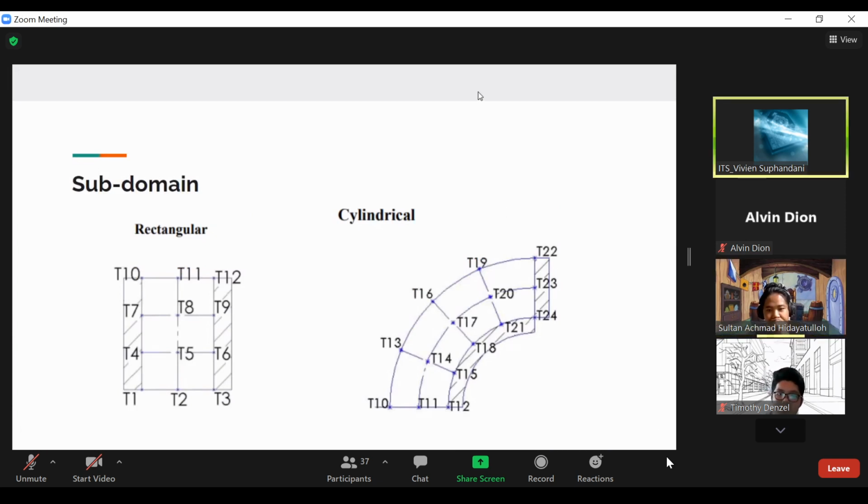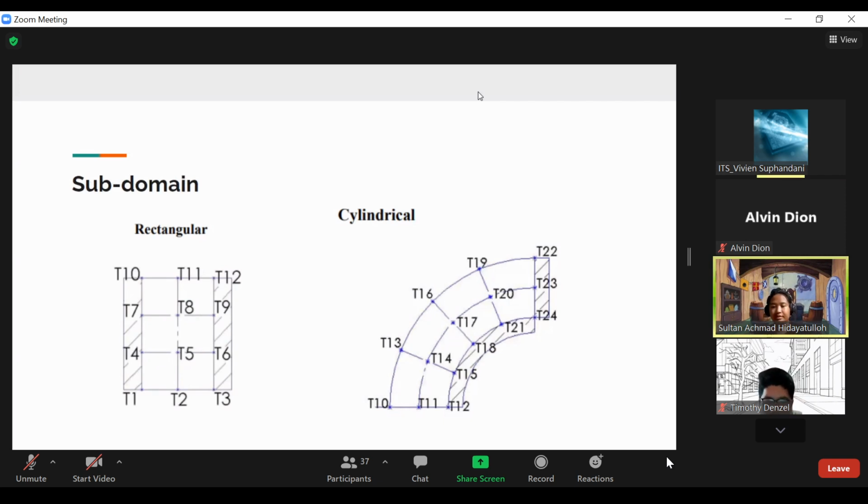Yeah. Okay, ma'am. For example, we take node 11 in the interior, at the interface. So the first step, we use the rectangular one to find the Q flux for T11. The temperature distribution equation, if we develop it again, will have a correlation with the heat flux, right, ma'am?